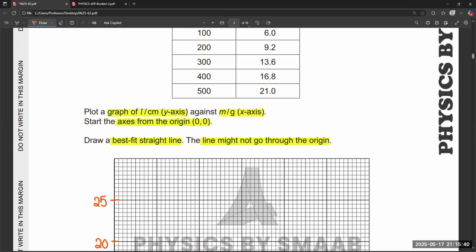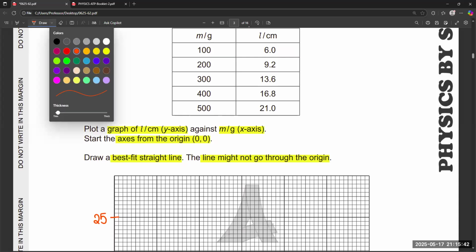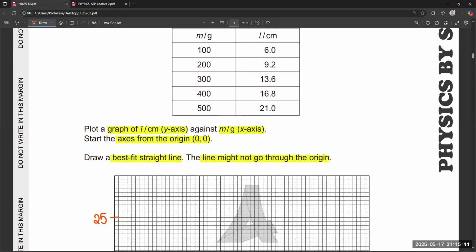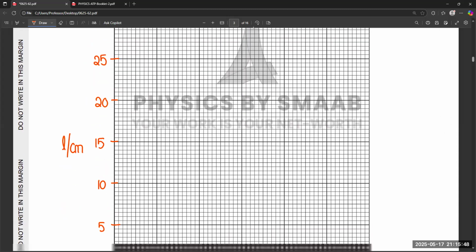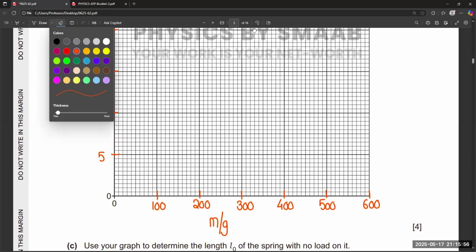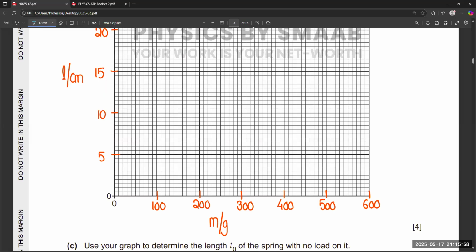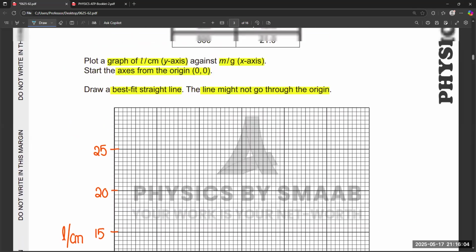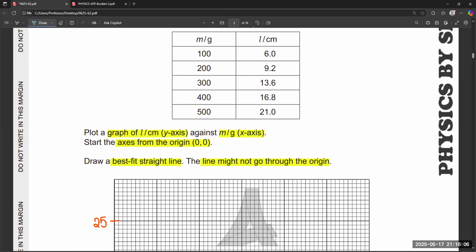Now we have to plot the values. The first value is 106. 100 on the x-axis and then 6 on the y-axis. The second value is 209.2.